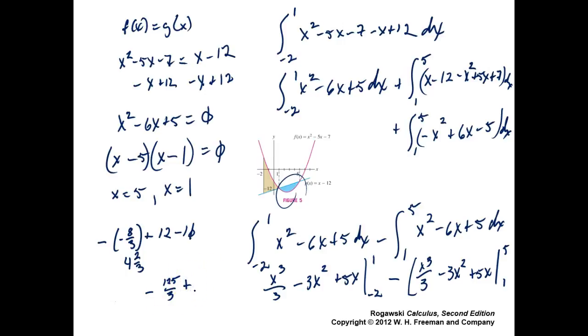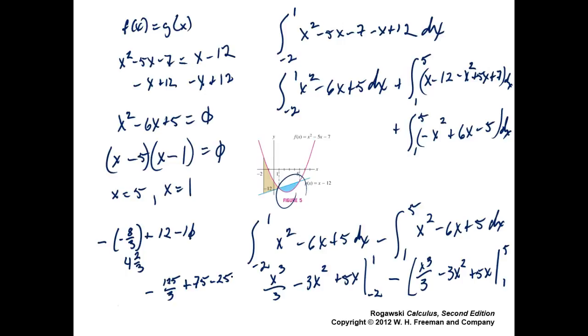Then a plus, because I'm negating it. What would that be? Say again? 75. Okay. Minus 25, right? By that? Okay. All right. I got it.